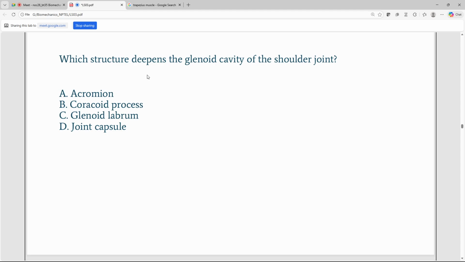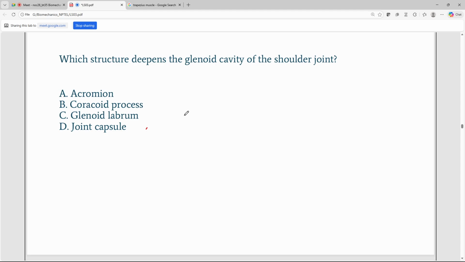Next question. Which structure deepens the glenoid cavity of the shoulder joint? Options are acromion, coracoid process, glenoid labrum, joint capsule.